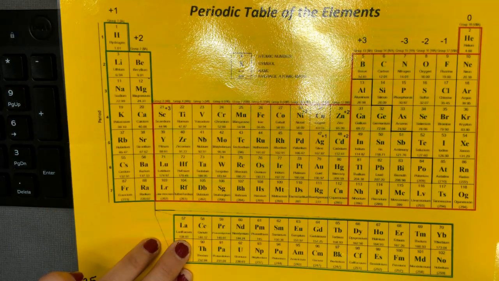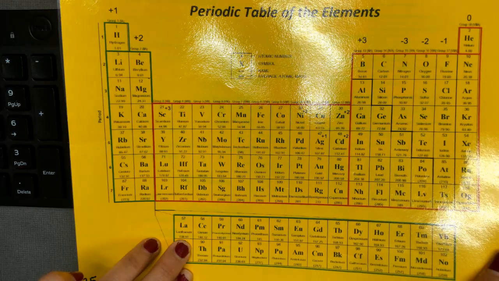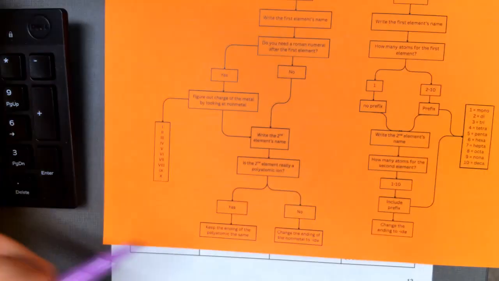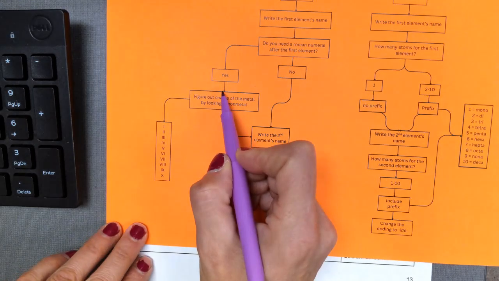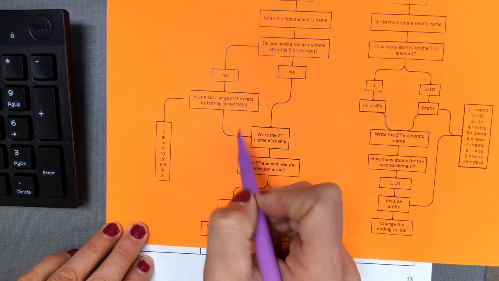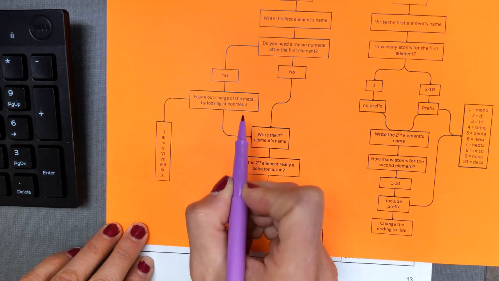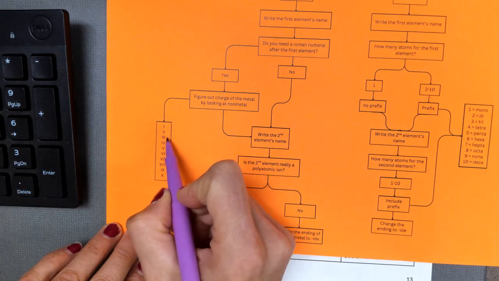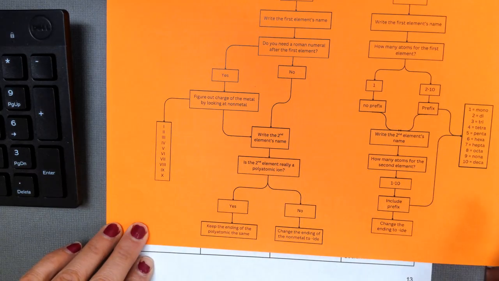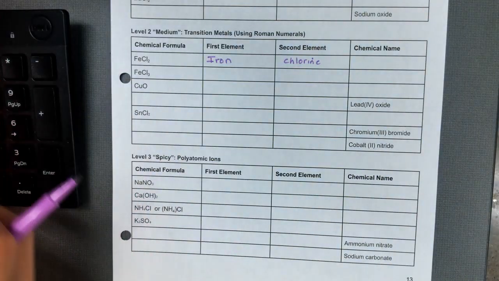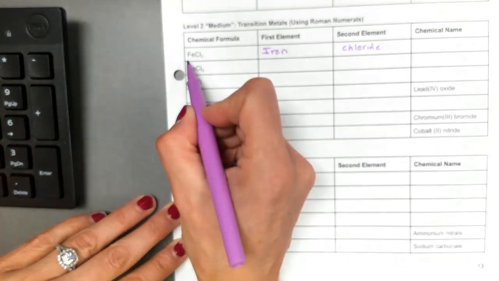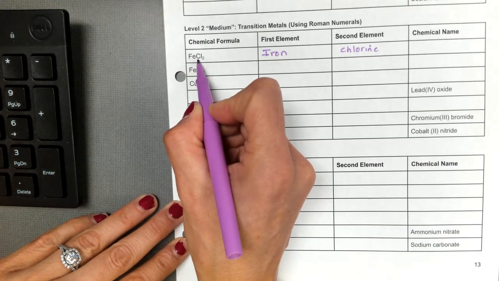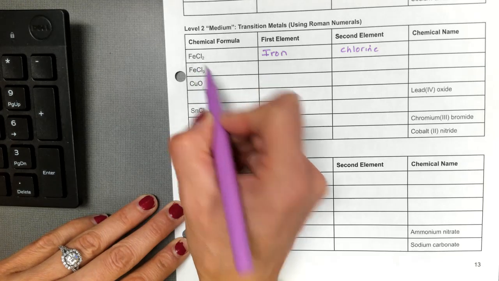So yes, I do need to use a Roman numeral. On my flow chart, I need to figure out what the charge of my metal is by looking at my nonmetal. Then I'm going to use one of these Roman numerals off to the left to indicate what my charge is.